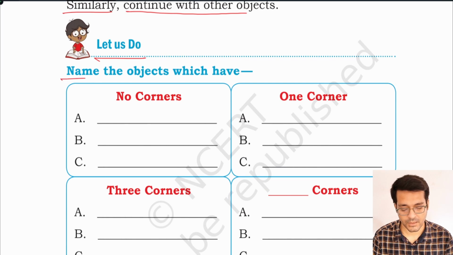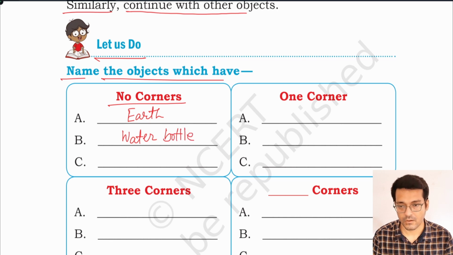Let us make a list of objects which have no corners. A round shaped object or cylinder shaped object has no corners: water bottle, earth, or ball.